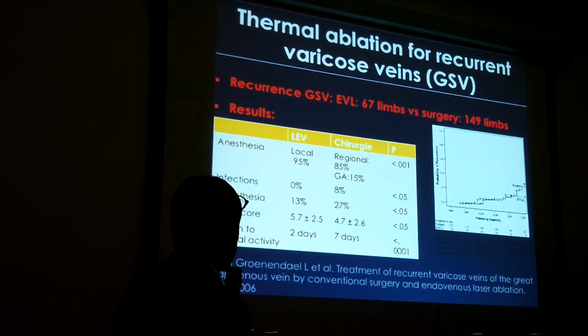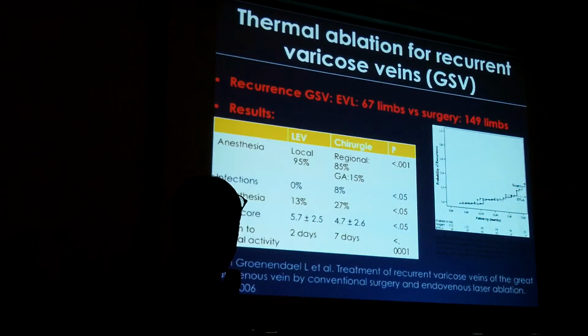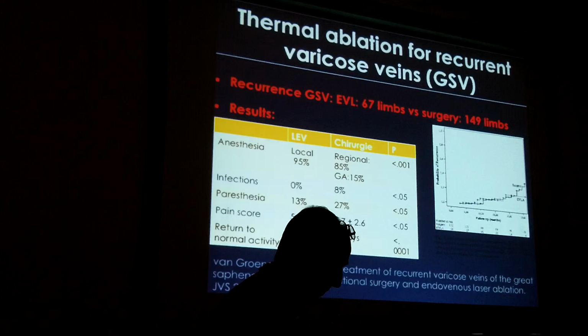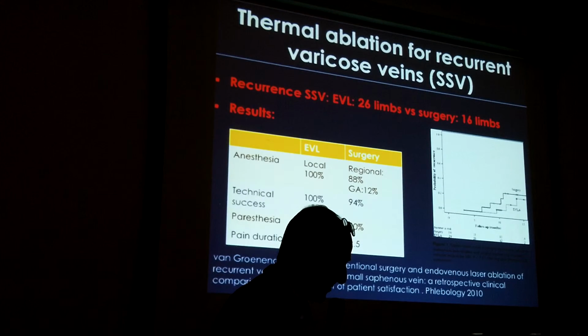And this is what we obtain with endovenous laser, and it's the same: a very effective technique with few complications compared to surgery, for the greater saphenous vein treatment and for the small saphenous vein treatment as well.